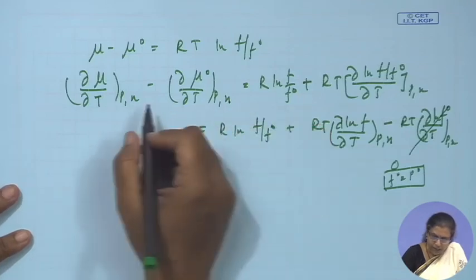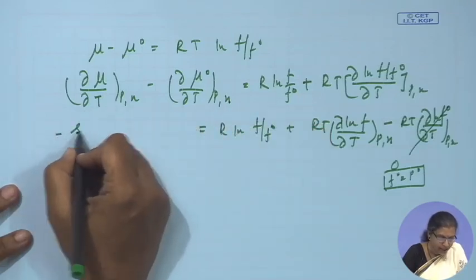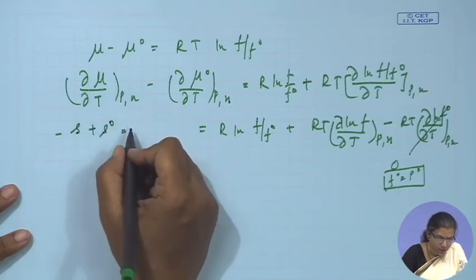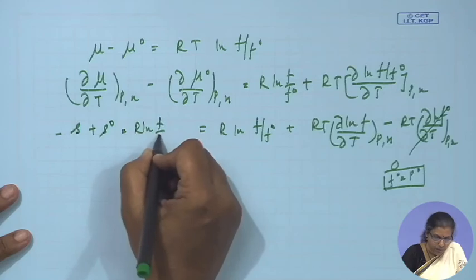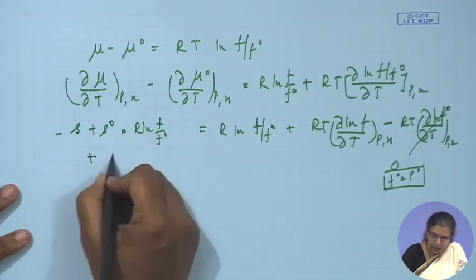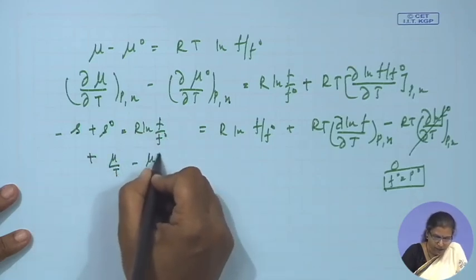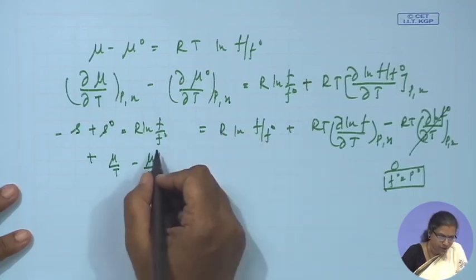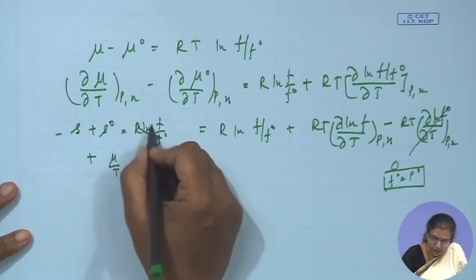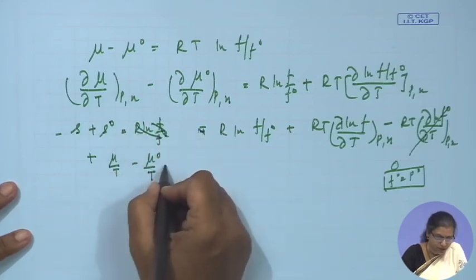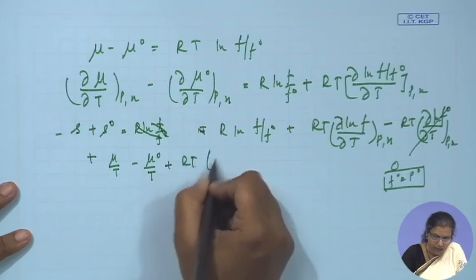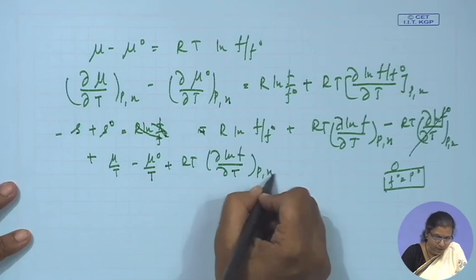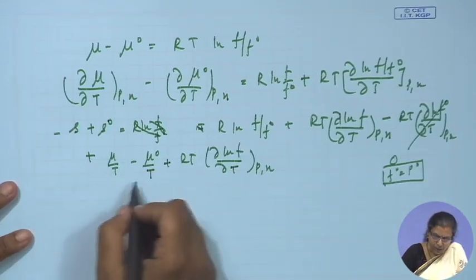We can write this term as minus s, this term is plus h0, this equals R ln f by f0 plus mu by T minus mu 0 by T. Sorry, this term was wrong; we can write it down as this plus RT del ln f del T at constant p n.